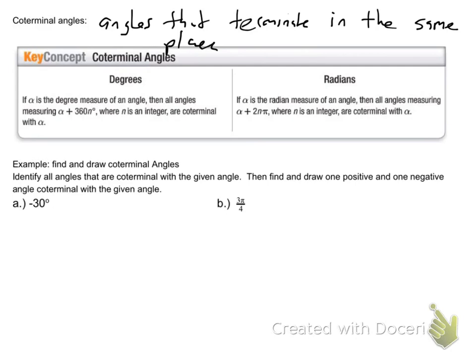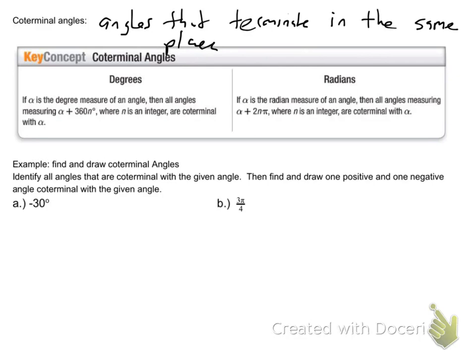Other than maybe hearing some of you guys fall over. No. If I asked you guys to do a 720, you guys just twirl around 2 times, you're still standing in the exact same spot. So therefore, you started and stopped at the exact same spot, which, well, the starting part doesn't matter. But if you end in the exact same place, you have coterminal locations or coterminal angles.